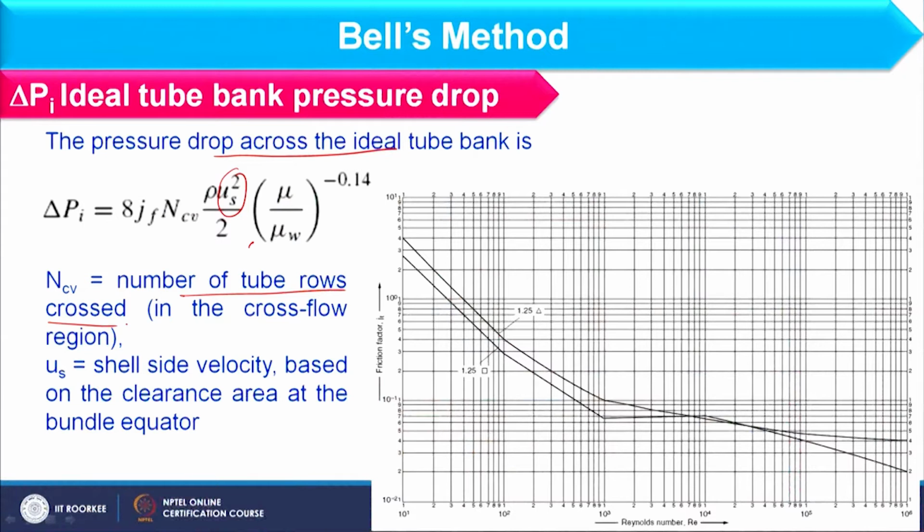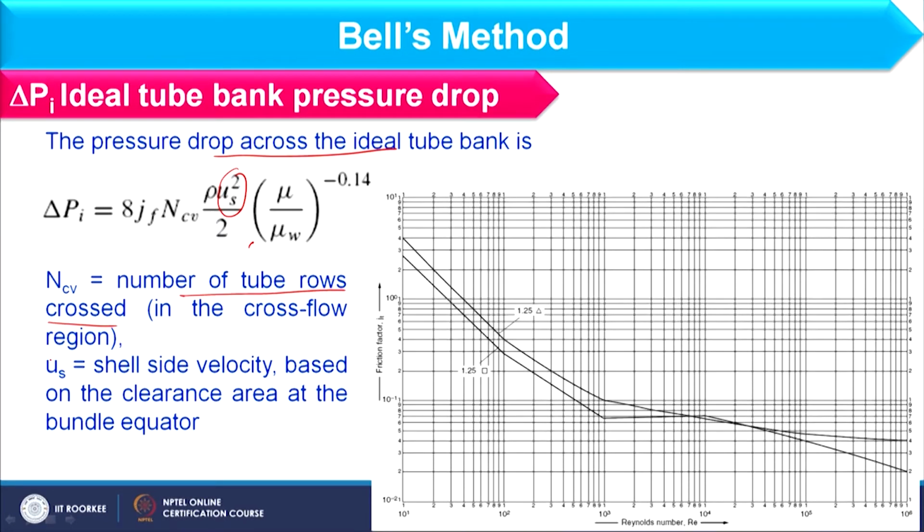Therefore I am considering NCV, and because I am already considering NCV, I am not considering Fn prime, that is the tube row correction factor, right. So, we are only accounting NCV. And how to find out the NCV value, I have already explained in the previous lecture, lecture 2 of this week, and you can go through that lecture to understand NCV, right.